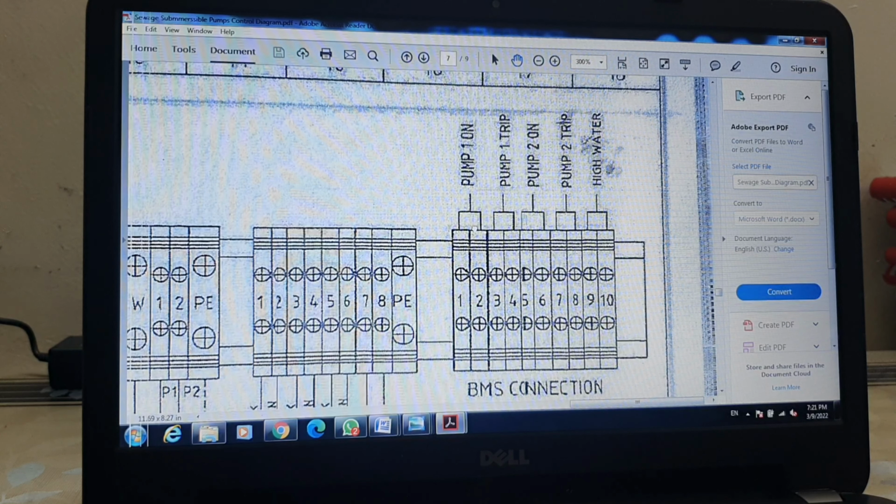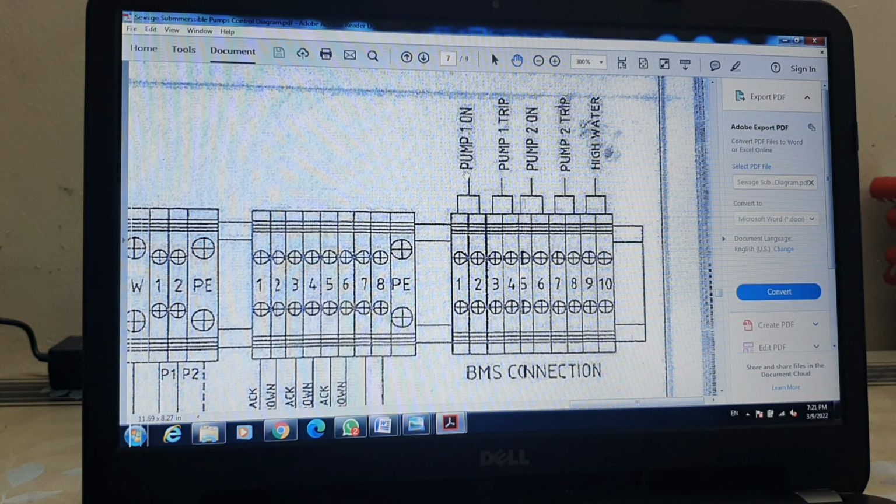You can see here we have pump 1 on, pump 1 trip, pump 2 on, pump 2 trip, and high water. So, whenever pump 1 is on, the BMS control room will get the signal that pump 1 is working. If pump 1 is not working, they will immediately get a signal that pump 1 is tripped.